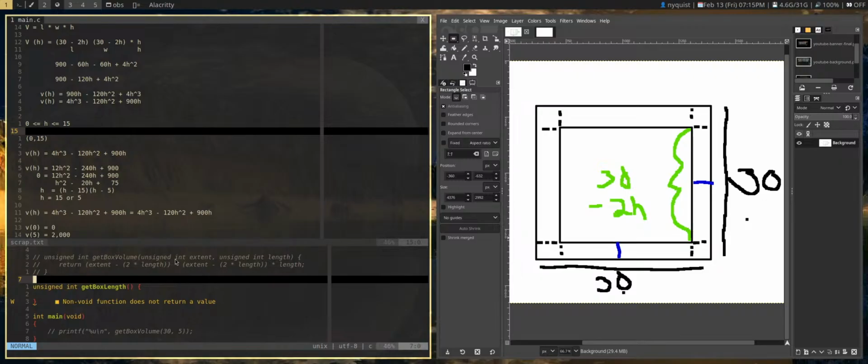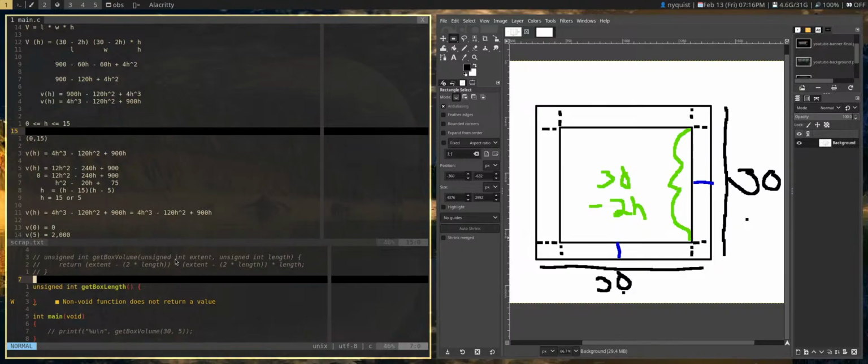What am I going to do to get the length? Well, what did we do here? H is technically the length here. Yeah, that is a good question. How would we do this programmatically?